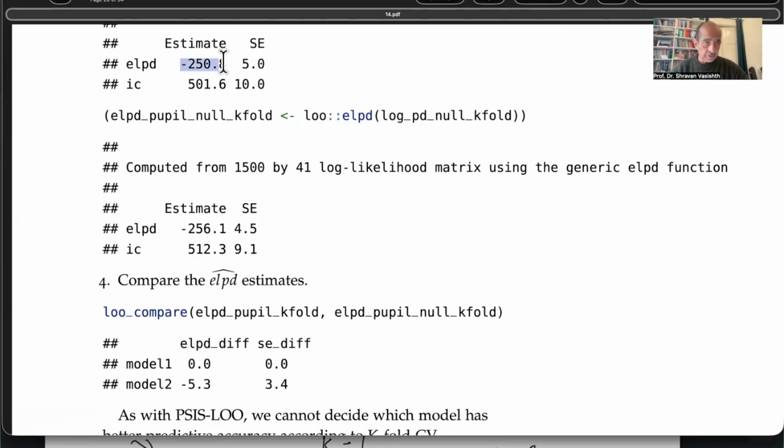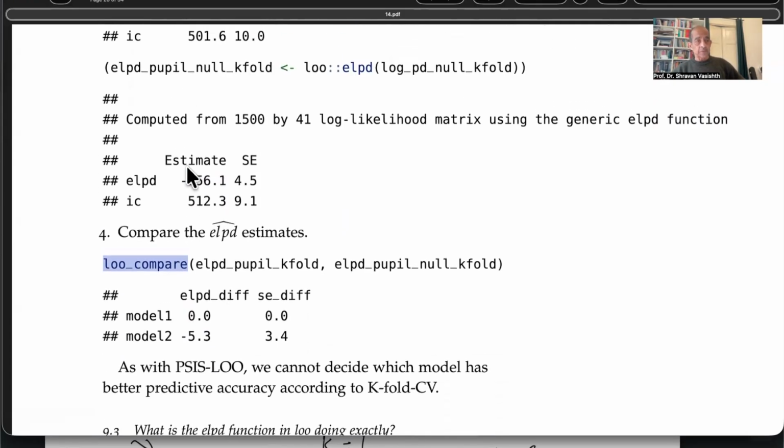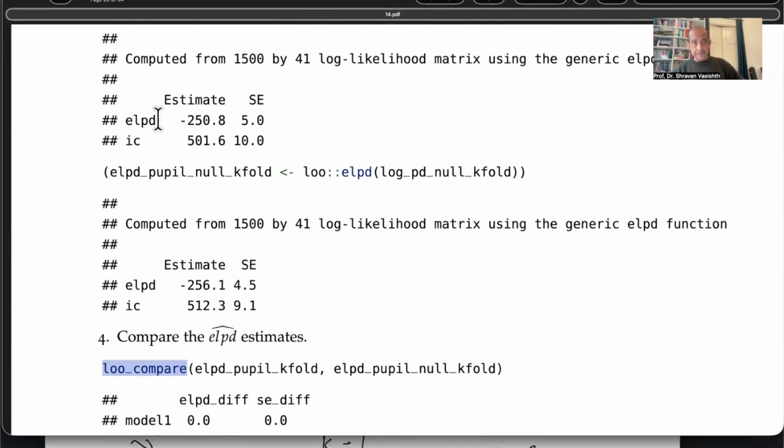So now next step will be to compare these two values, right? And that difference will be computed with LOO compare just like before, but this time we are using not PSIS-LOO, but we are using ELPD hats. That's why you notice that when we were using PSIS-LOO, we had ELPD underscore LOO to emphasize the fact that we were doing PSIS-LOO. Here we are computing the ELPD hats because we're using k-fold.